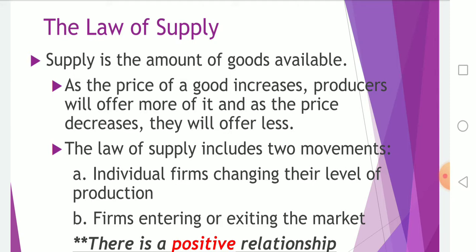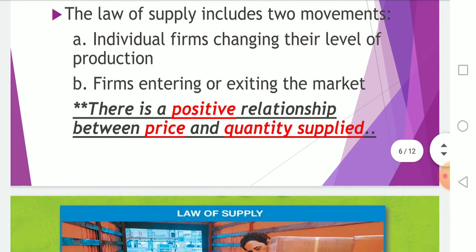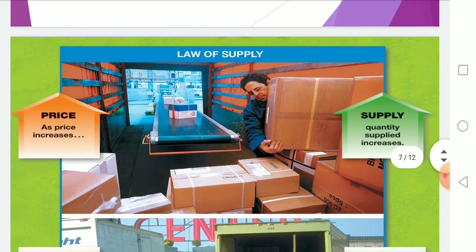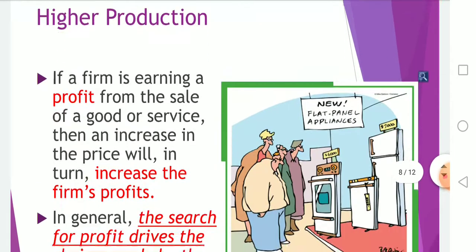The law of supply includes two movements: individual firms changing their level of production, and firms entering or exiting the market. Let's see. There is a positive relationship, as we said, between price and quantity supplied. So, as we see here, as the price increases, the quantity supplied increases, and vice versa. As price falls, quantity supplied falls.